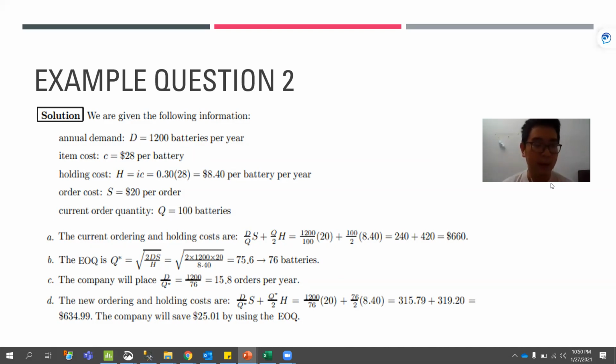Then the company will save about $25 by using EOQ, if we compare the current ordering and holding cost with the new ordering and holding cost, because 660 minus 635 equals $25. So by using EOQ, we are saving $25 more. So this will settle the questions.